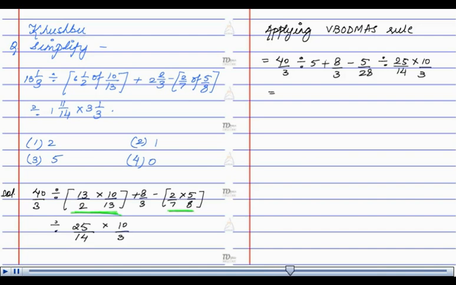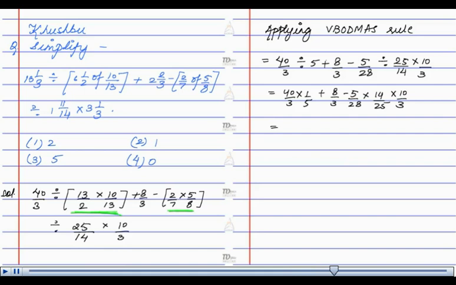The next preference goes to division, which becomes 40 by 3 into 1 by 5 plus 8 by 3 minus 5 by 28 into 14 by 25 into 10 by 3.